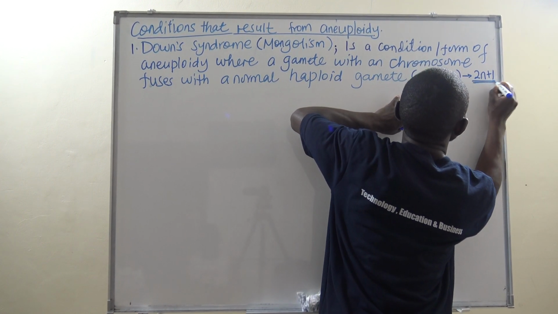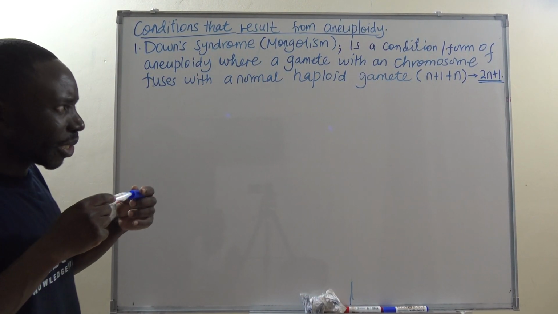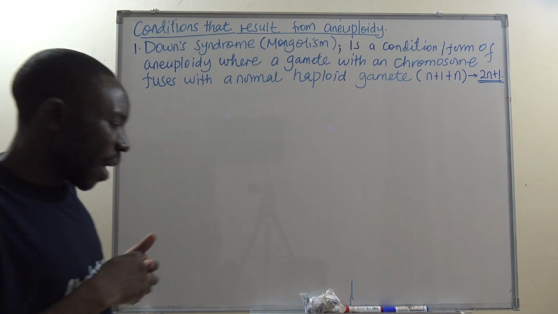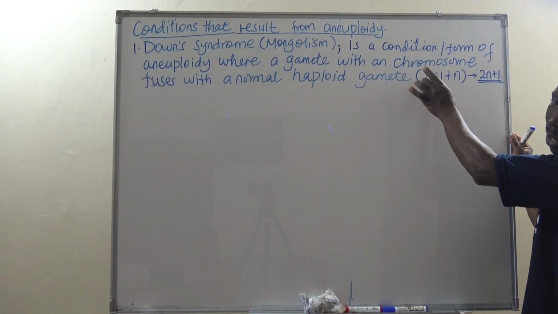Gametes are haploid in nature, so you can observe on the board here.